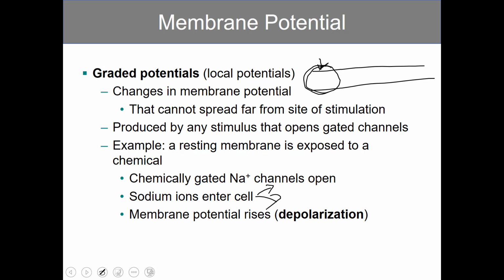Well, this again is where we have those two gradients. So chemically, sodium wants in order to reach a state of equilibrium. It wants to equilibrate inside and outside of the cell. So that is the chemical gradient. Secondly, you have an electrical.